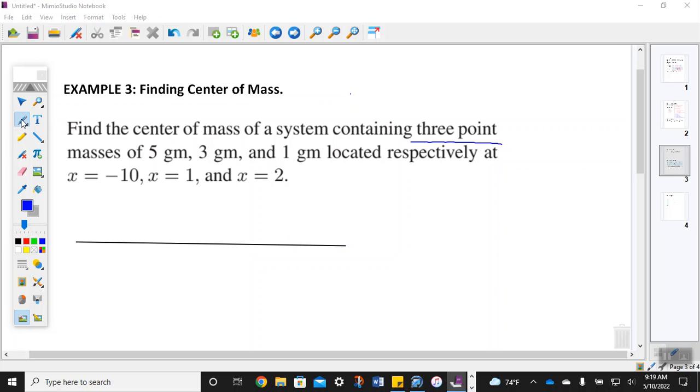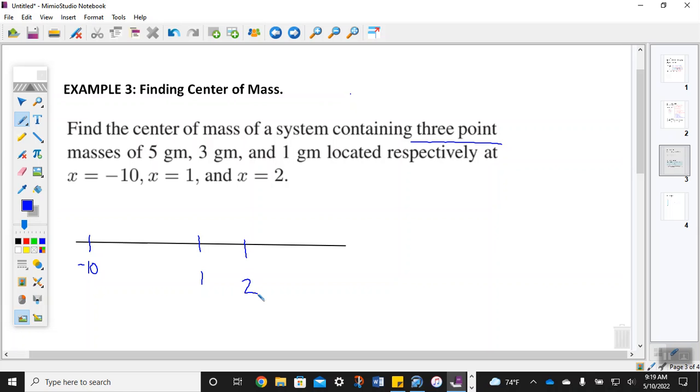What are the x values that we're talking about here, kids? What's one x value? What's another x value? 1. So we're at x equal 1. And what's the other value? 2.